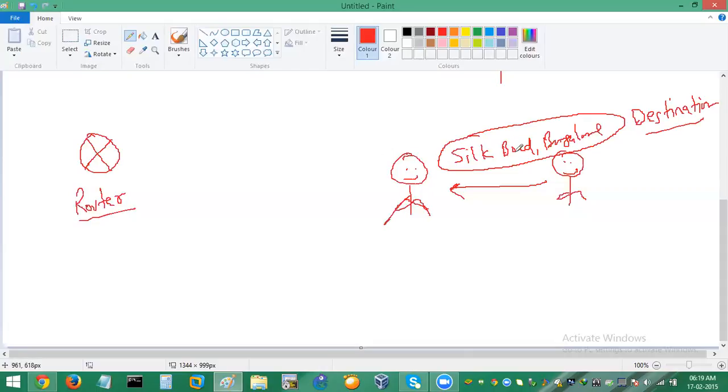If you find a matching route, you tell him the direction: go north, or go east, or go south, or go west. Here, you know that Silk Board is in your north direction, and that guy came from the west.